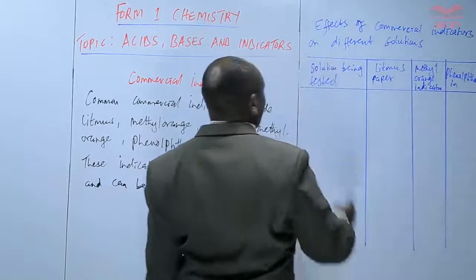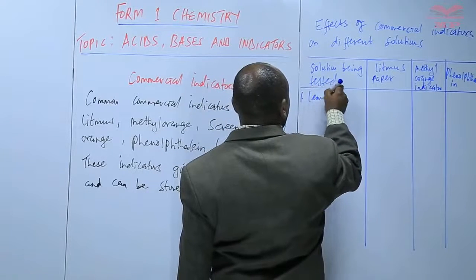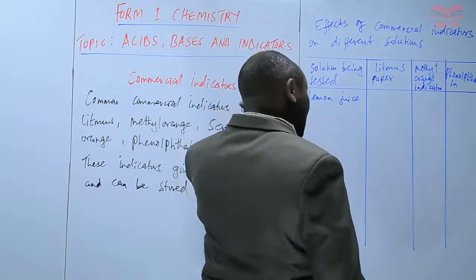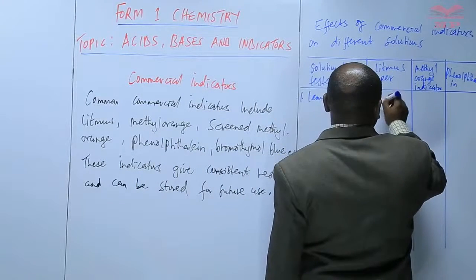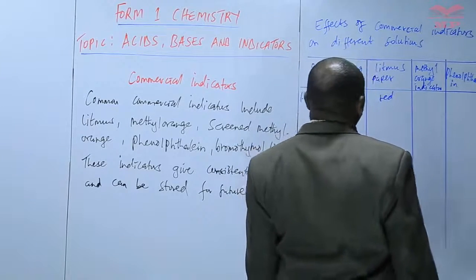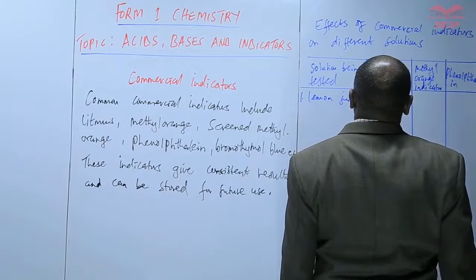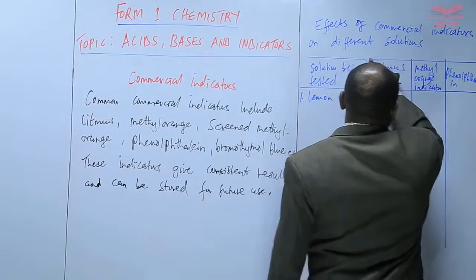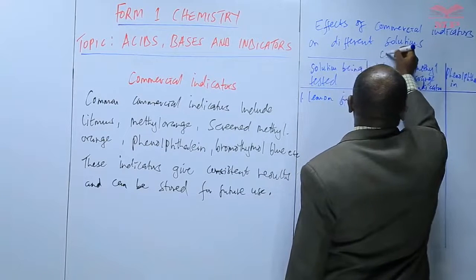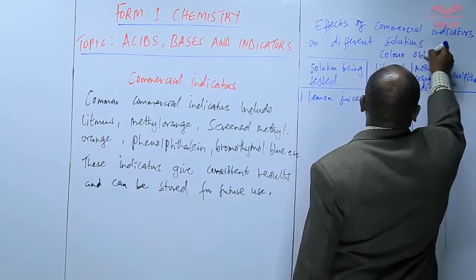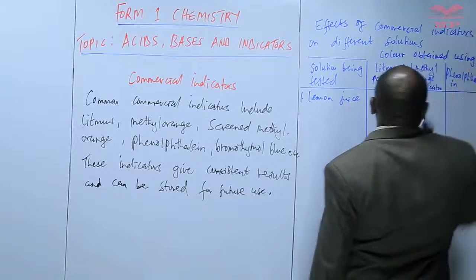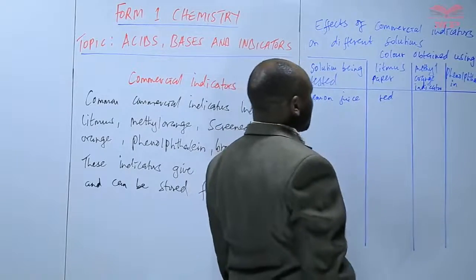For example, we can take lemon juice. If you test it with litmus paper, the color turns red. You can mention somewhere here that this is the color obtained using litmus paper.